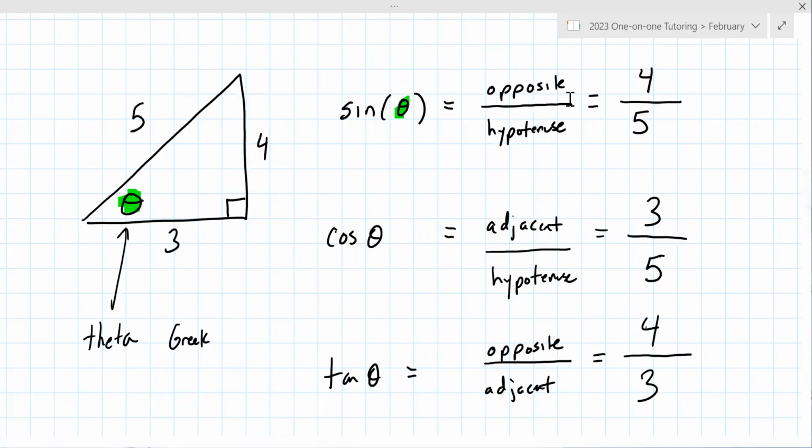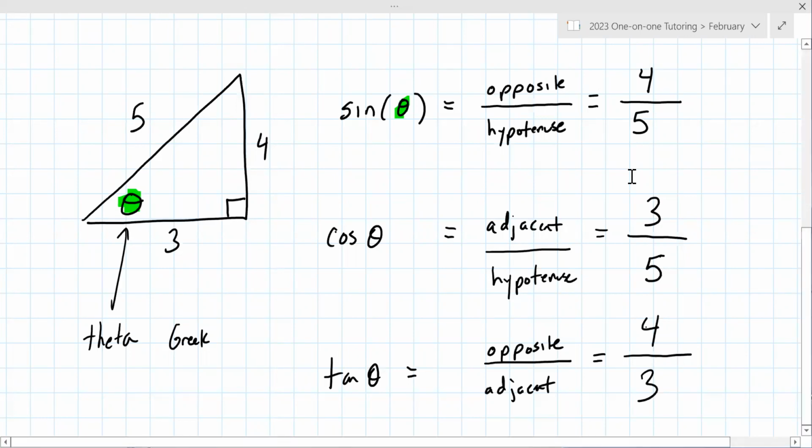The biggest line is the hypotenuse. The right line is the opposite, and the bottom one is the adjacent. But you have this down in your notes? Okay.